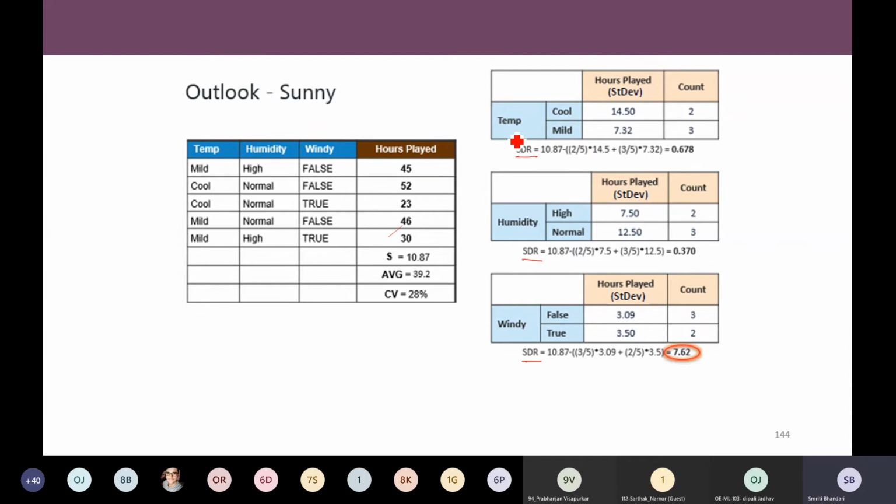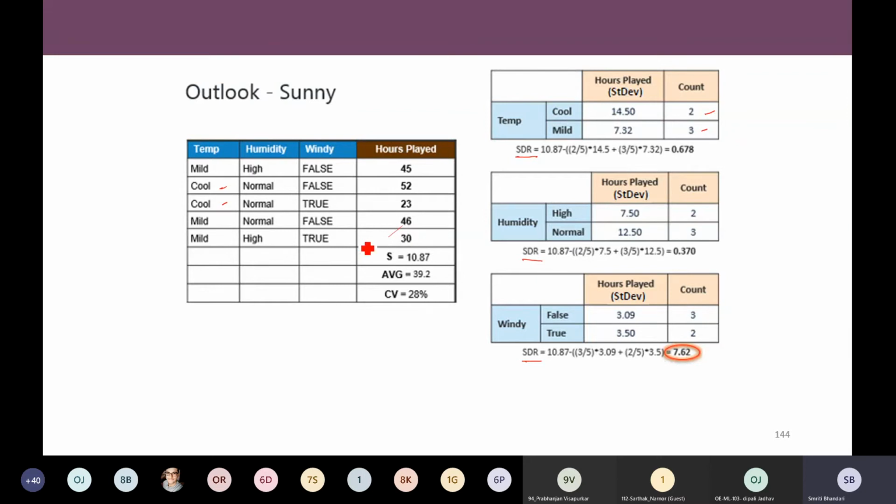For temperature, we have 2 examples with value cool and 3 examples with value mild. Based on the respective target values, we compute the standard deviation for temperature equal to cool using this data set.